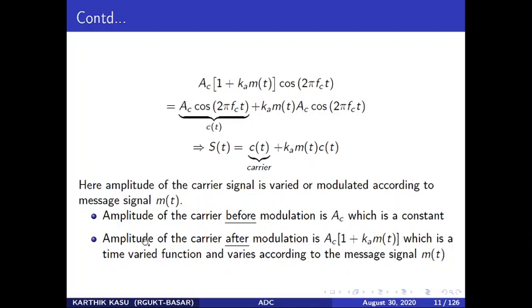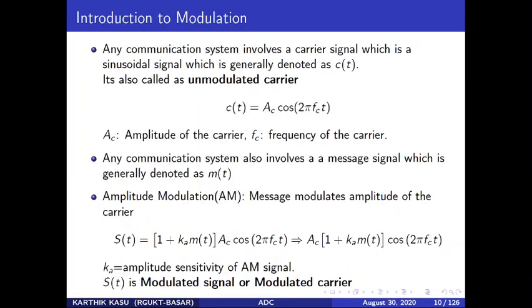Now, what is the carrier amplitude after modulation, or the amplitude of the modulated carrier? You can observe here. Let us go back to the previous slide. c of t is the unmodulated carrier. s of t is the modulated carrier. You observe these two: Ac cos 2 pi fct and Ac into 1 plus Ka m of t, cos 2 pi fct.